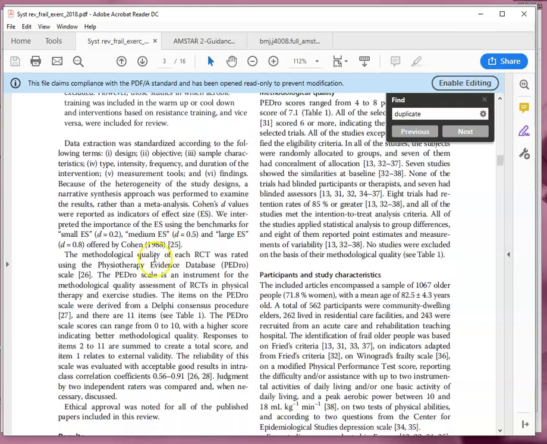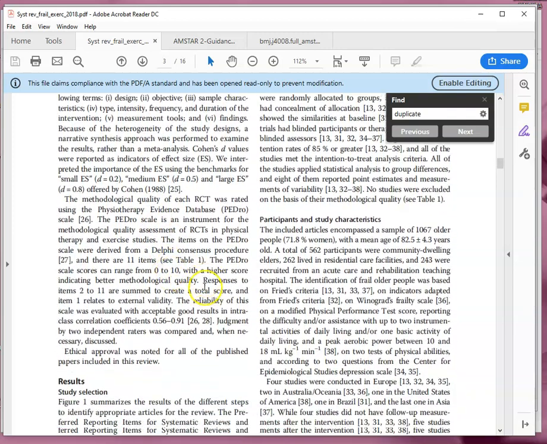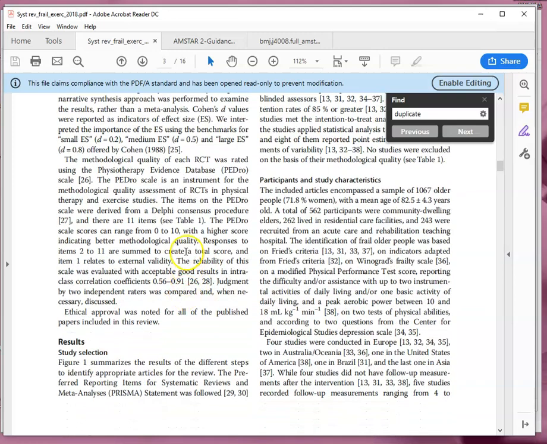The methodology was good, reliable. Yeah, judgment by the 2 independent raters was compared and discussed. It was not very clear, but there have been 2 independent raters. That was the rater of the methodological assessment.